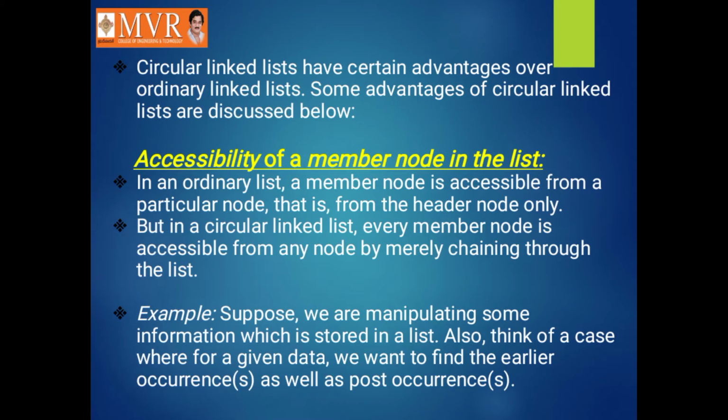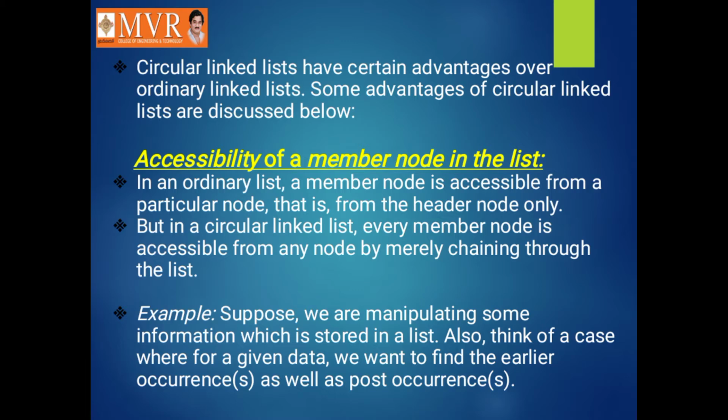If we want to access the third node of the linked list, then we should start from the header node only. There we take the address and move to the first node, then to the second node, and then to the third node. So we should start our traversing from the header node only. So the nodes will be accessible from the header node only.